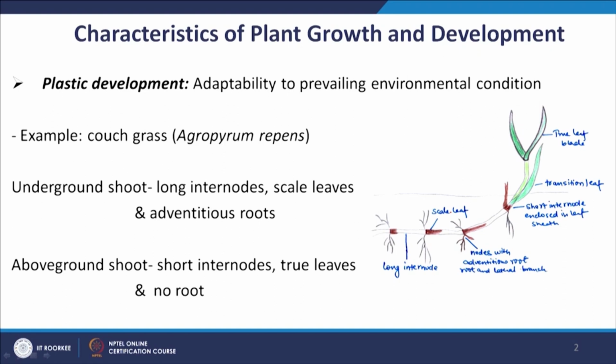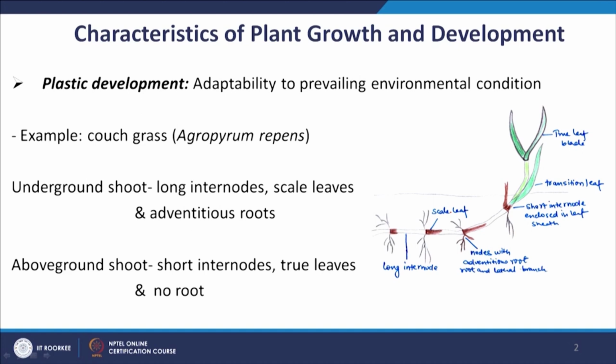They cannot move from one place to another, which means they have to face all the environmental conditions just by standing in one place. To cope with this change in the environment, they have adopted a very nice mechanism, which is plastic in nature. So plasticity is basically an adaptability to prevailing environmental conditions.